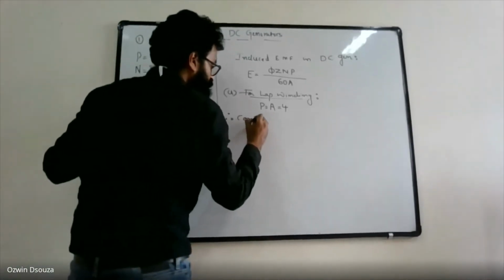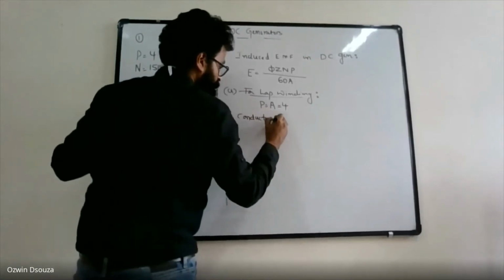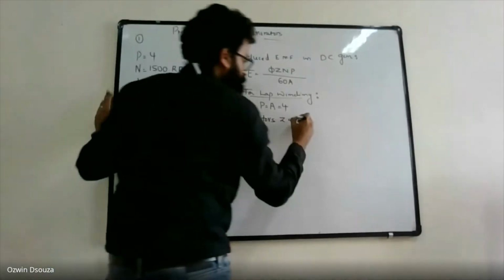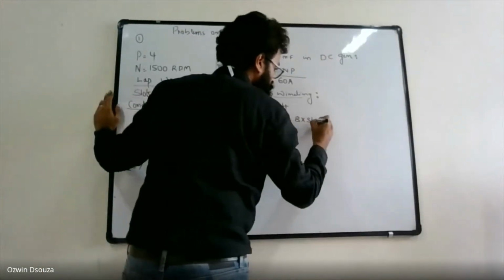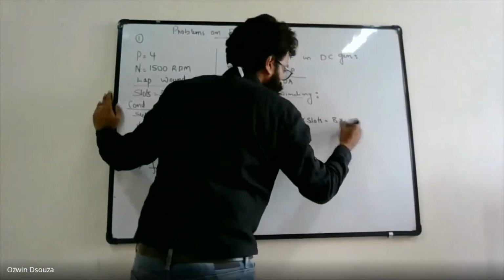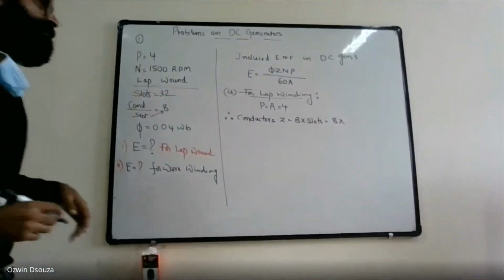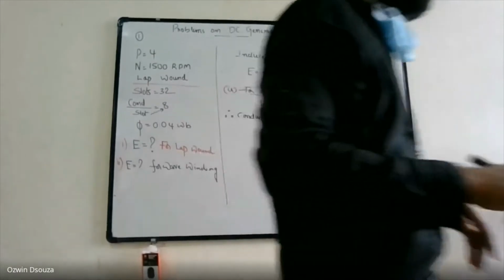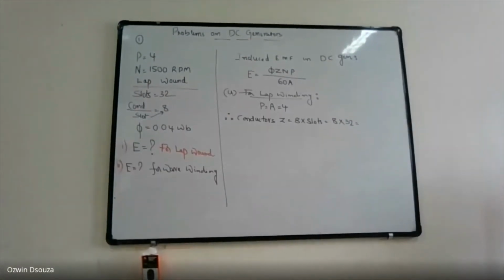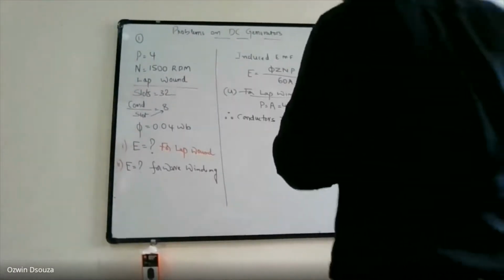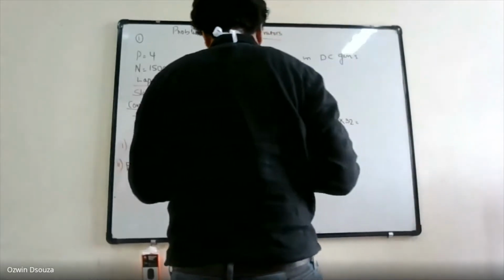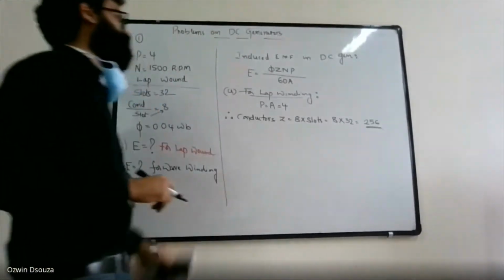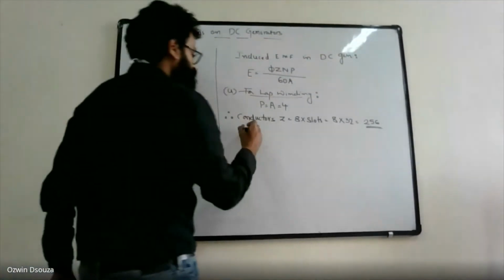So conductors Z is equal to 8 into slots, that is 8 into 32 slots. So 8 into 32, 256.